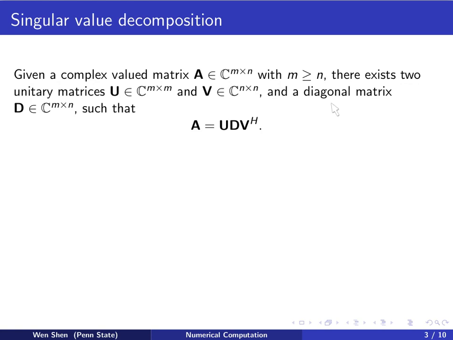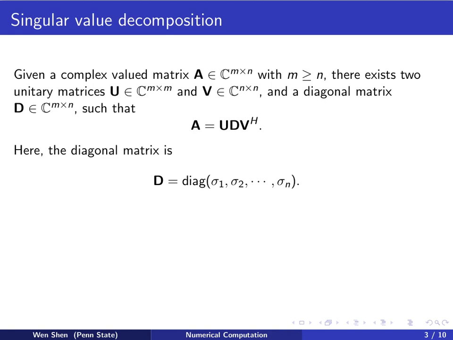And we have a diagonal matrix, which we call D, which is m times n. So this D is a rectangular shape, the same size as A. Then A can be written as U times D times V^H.